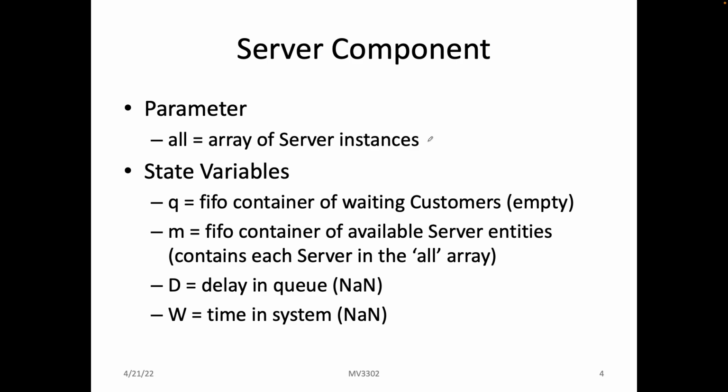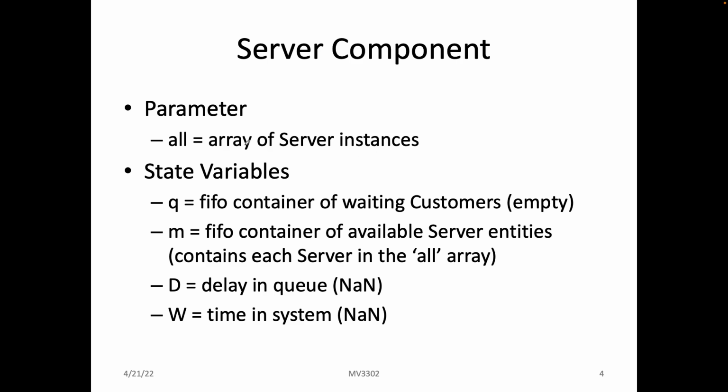Our servers work 24/7 without a stop. In the previous models, we simply said this is how many servers we have. Now, because we're modeling the servers as entities, we need to have a fixed set of them.